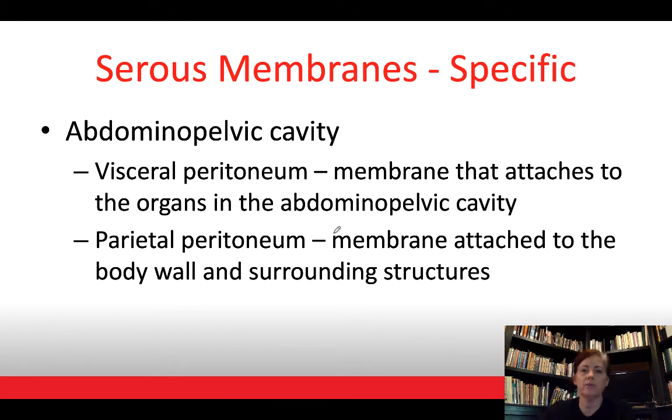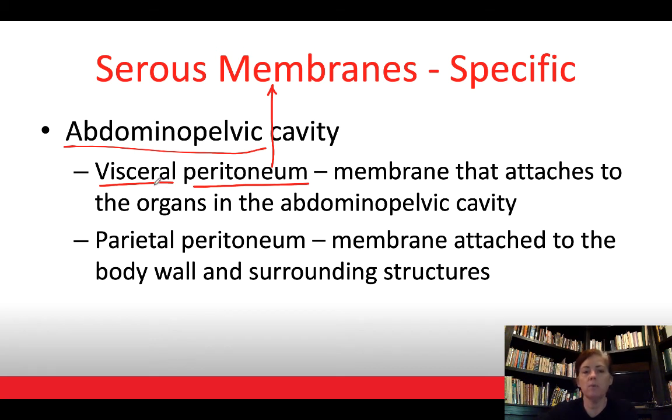And then here's our last serous membrane. So we said our third ventral body cavity is the abdominopelvic cavity. Okay, and we have the same setup here. So the visceral peritoneum is going to be the specific name of the serous membrane in the abdominopelvic cavity. Visceral means organ.